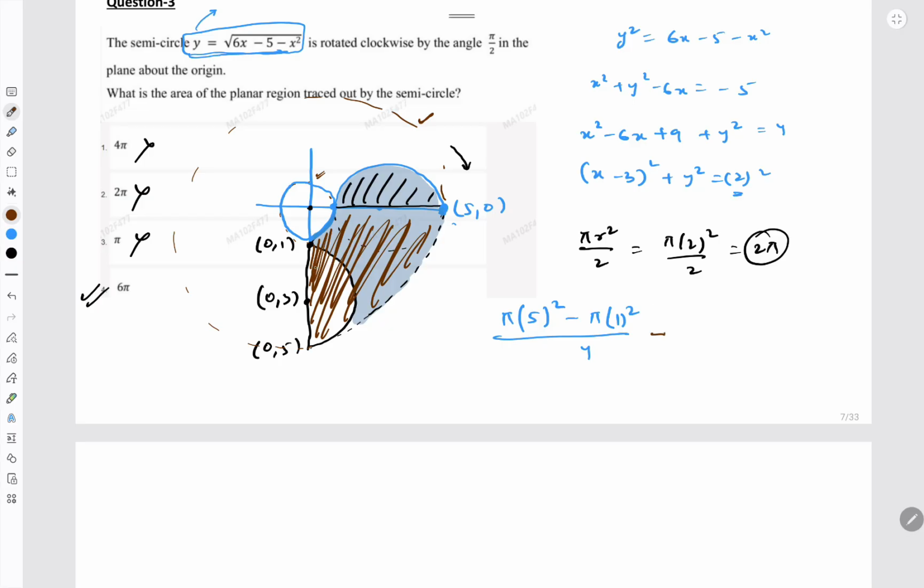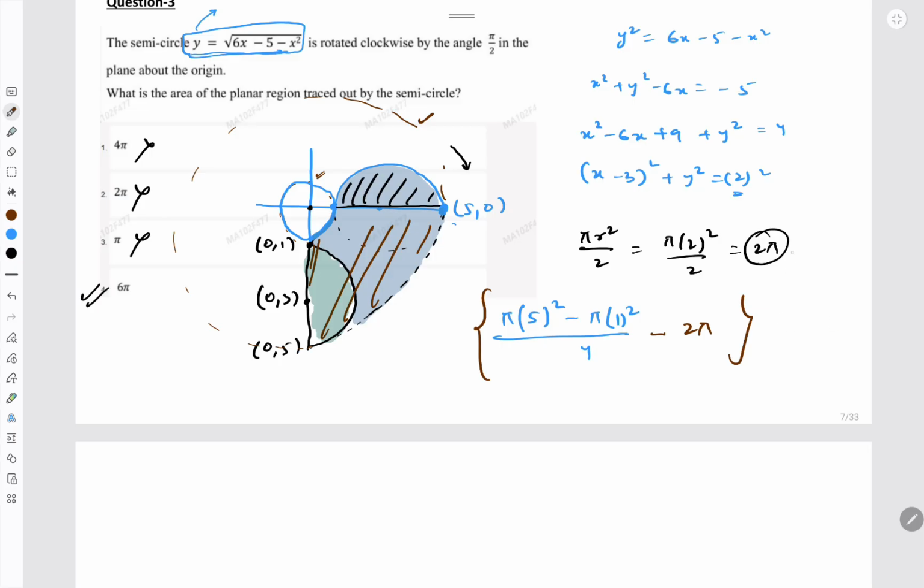Now from this orange area, if I subtract this semicircular region, let me just draw it using a different color. If I subtract this region, then I'll have the area of interest that I have to add to 2 pi, right? So subtract 2 pi. This I have to add to plus 2 pi.